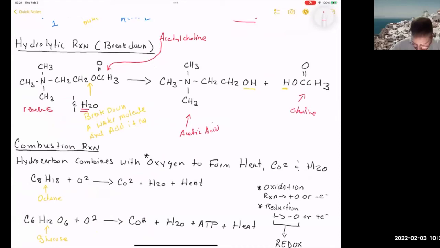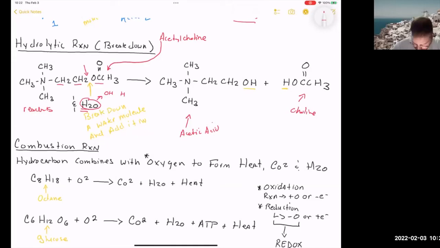So we're terminating the action of this neurotransmitter. And the way that we do that is right here. So you've got a CH2, CH2, OCCH3 here. We're going to take a water molecule here and break the water molecule down into an OH and an H, right? So that's where the hydrolysis comes in.